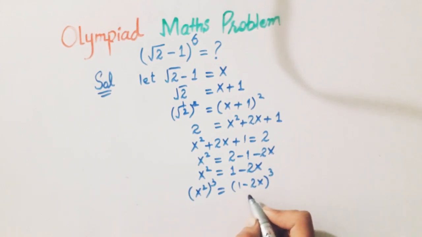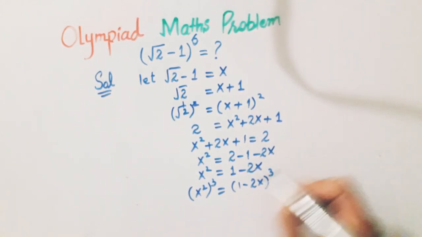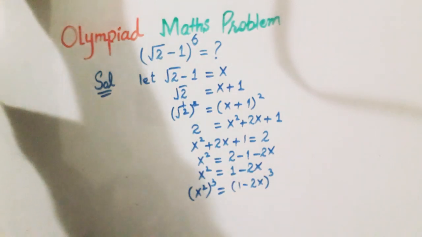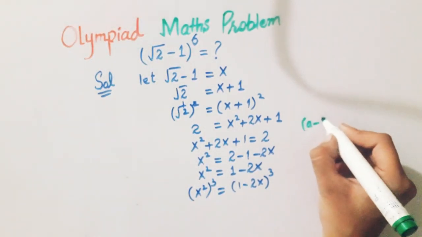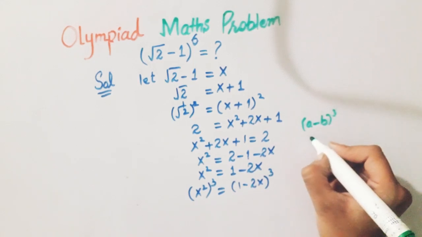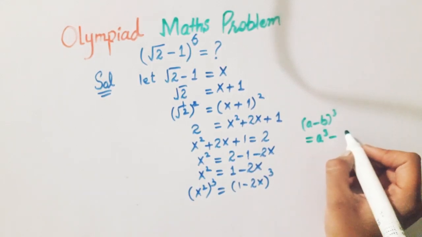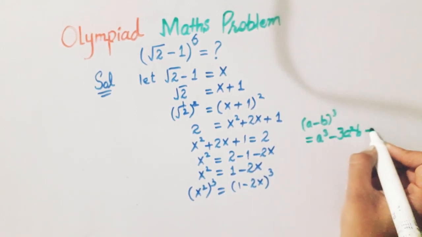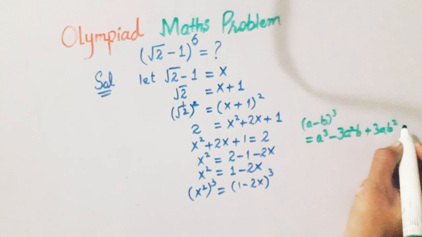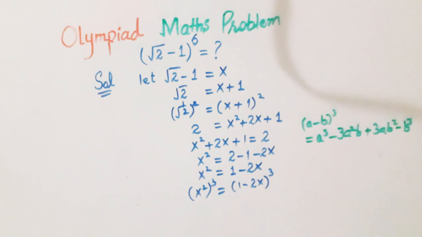Now here we will apply the formula of a cube. We will rewrite the formula here: (a − b) whole cube equals a cube minus 3a squared b plus 3ab squared minus b cube. Now we apply this formula here.